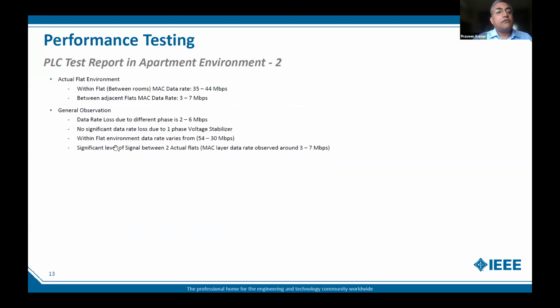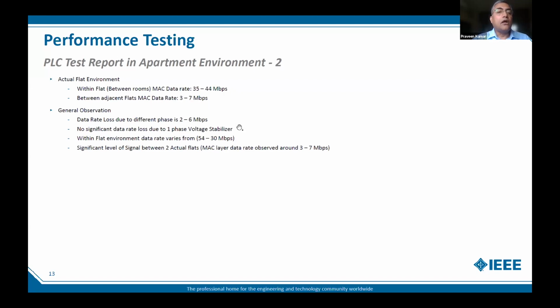When we tested in an actual flat environment, within a room, we saw that we could achieve a MAC layer data rate of up to 44 Mbps between the rooms. When we tested with an adjacent flat, we were able to transfer data, but the data rate was low.